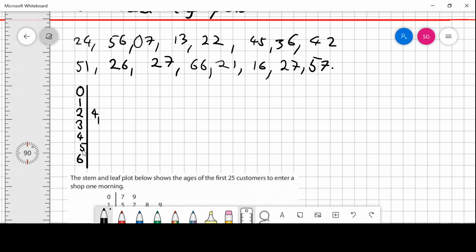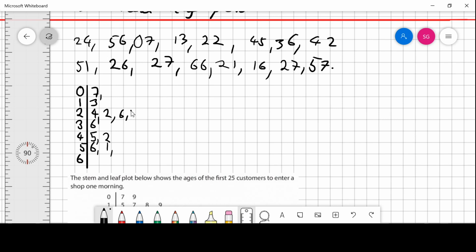Then 56, so you go here, pop a 6 here. 07, so you put a 7 here. 13, you put a 3 here. 22, a 2 here. 45, a 5 here. 36, a 6 here. 42, a 2 here. 51, a 1 here. 26, a 6 here. 27, a 7 here.